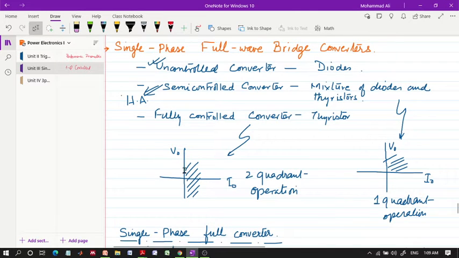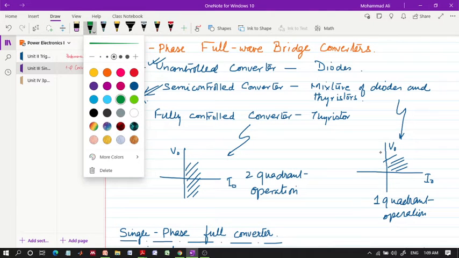By this we can say that the power flow in single quadrant operation or in semi control, let me write it down over here, this basically is known as the semi inverter.